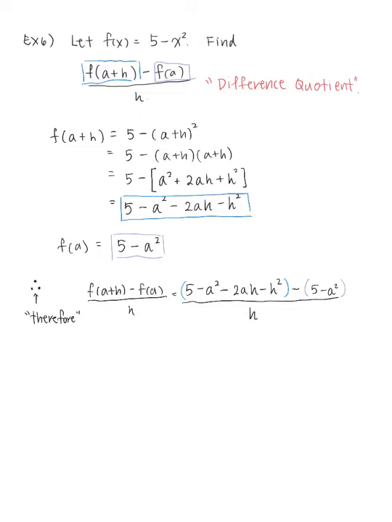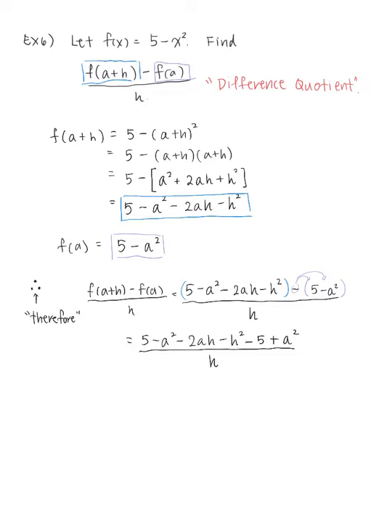All right, so now let's distribute this minus sign to each term here. Okay, then what do we get? We have 5 minus a squared minus 2ah minus h squared minus 5 plus a squared, whole thing divided by h. So far so good.